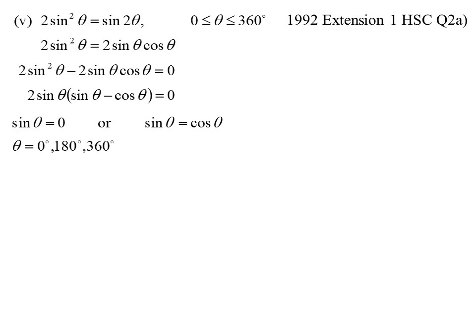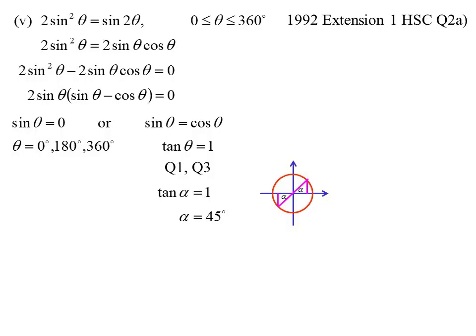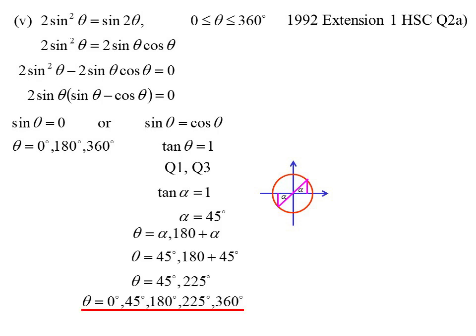Point to remember here, if I'm looking between 0 and 360, and 0 is a solution, don't forget 360 is also a solution, because 0 and 360 is the same point on that diagram, if you think about it. So whenever 0's a solution, 360's got to be a solution as well. Over on the other solution, I can change that to tan theta is 1, quadrant 3, 45 is our exact value for that one, 45, 225, 5 answers for this equation.